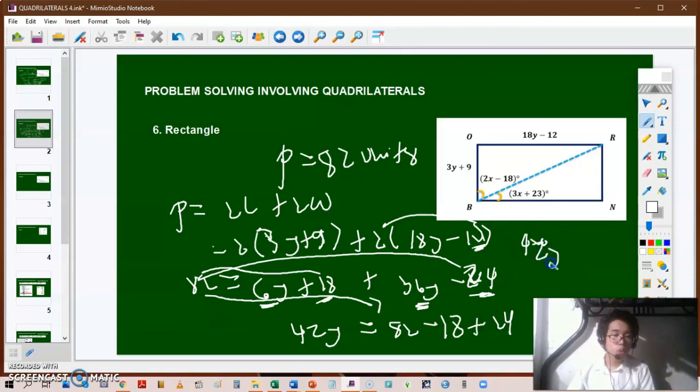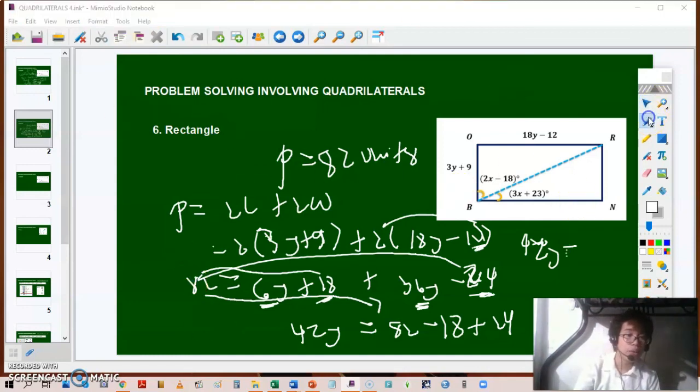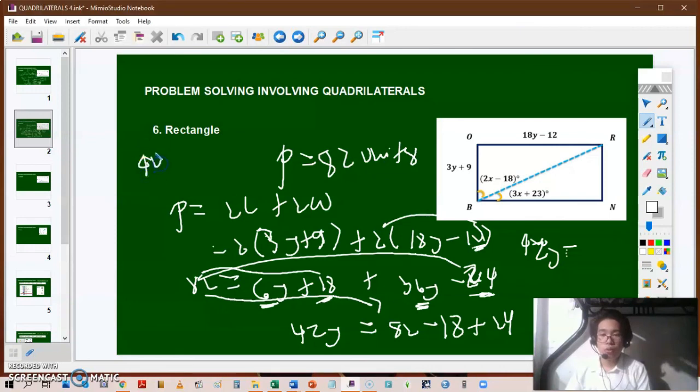42y is equal to 82 minus 18 plus 24, so that's going to be 88. So 42y is equal to 88.